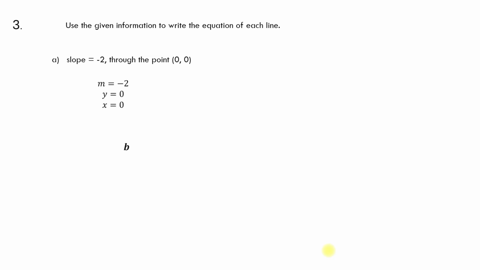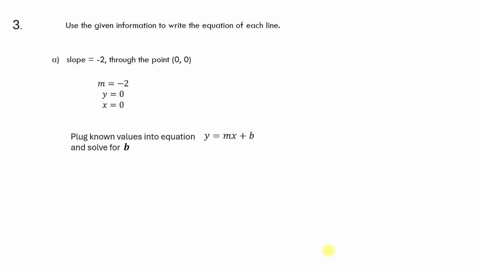So, if m equals negative 2, y equals 0, x equals 0, we plug the values that we know into the equation y equals mx plus b and solve for b. Solving for b means simply finding out what the value of b is.